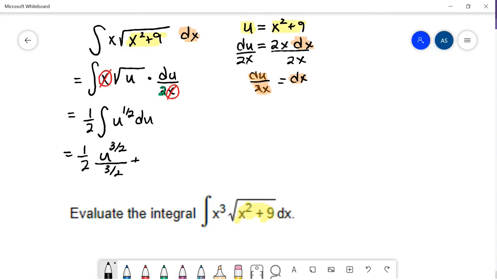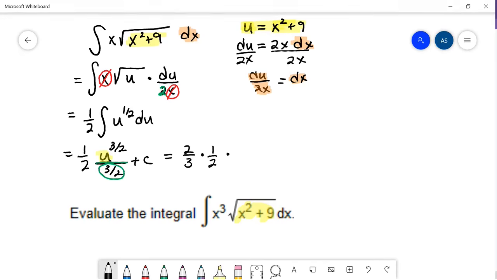over 3/2 plus c. We'll clean this up. I'm going to clean this up by multiplying by the reciprocal. Here we're dividing by a fraction, so we'll multiply by the reciprocal. That's 2/3 times 1/2 times, with the u, you'll recall, u was the substitution that we've done previously.